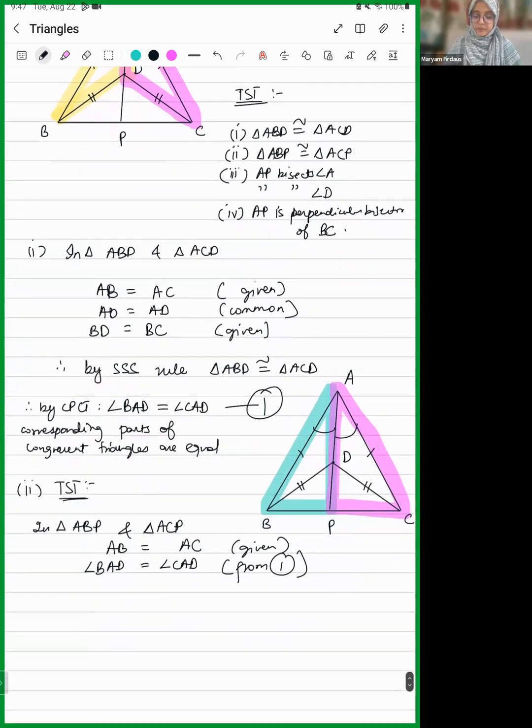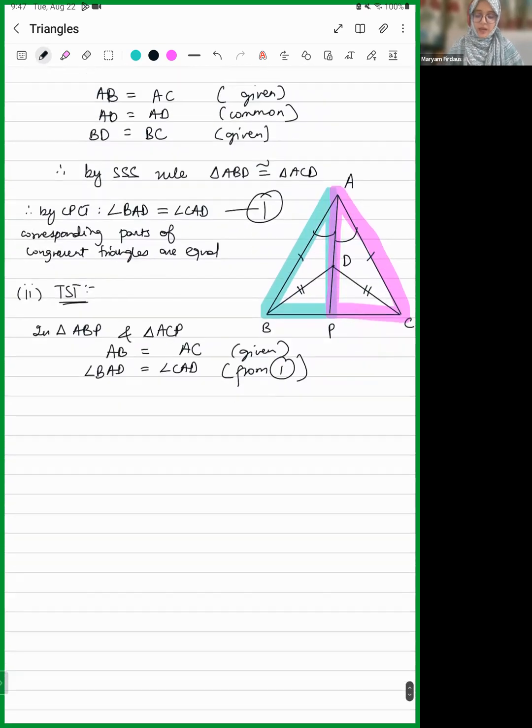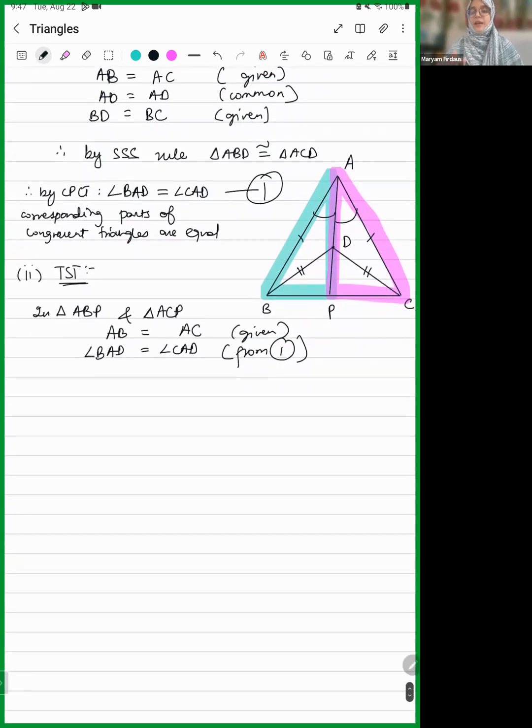Okay. Now we are going to use the SAS rule. Forget about these two sides, because these are not included in these triangles. Look at the question. You have to prove triangle ABP, which is the left one, and triangle ACP, which is the one on the right, as congruent.